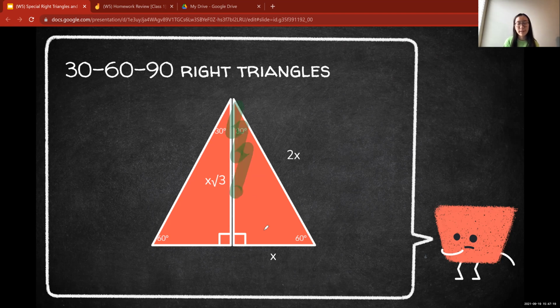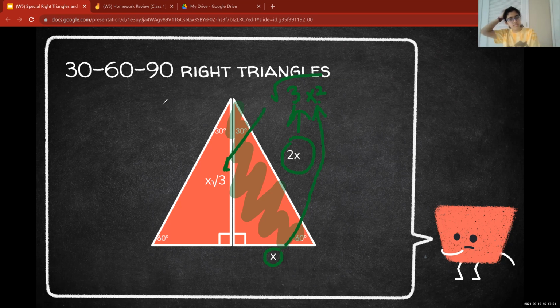The relationship with that one is that side is x radical 3. And we proved why it's x radical 3 using the Pythagorean theorem. So going back to our example, if x equals 3, then the long leg would be 3 radical 3. Okay, so make sure to write it down again.